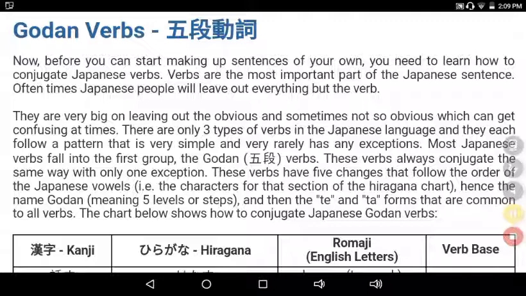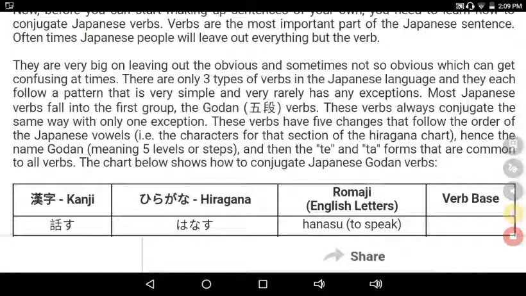There are only 3 types of verbs in the Japanese language, and they each follow a pattern that is simple and very rarely has any exceptions.